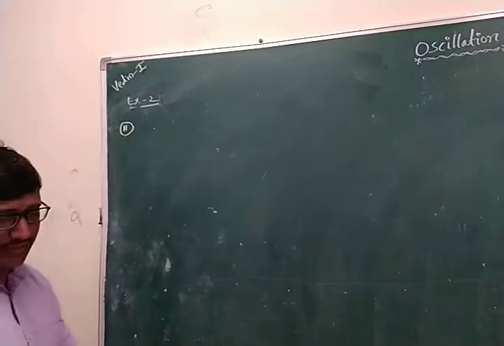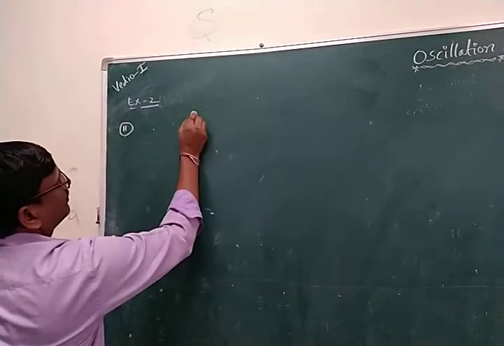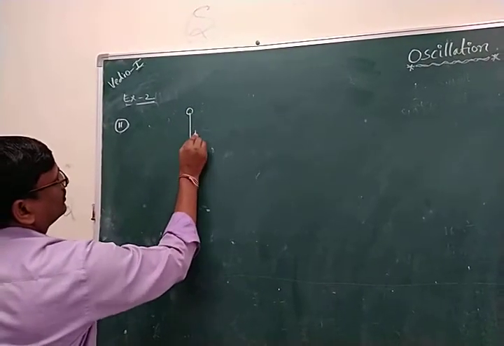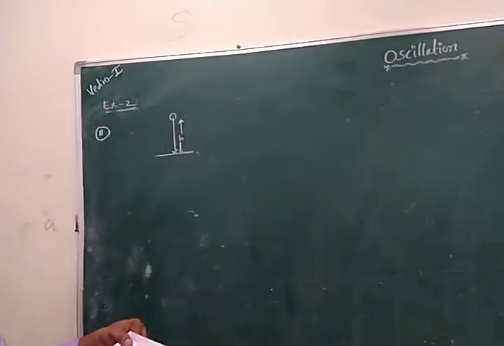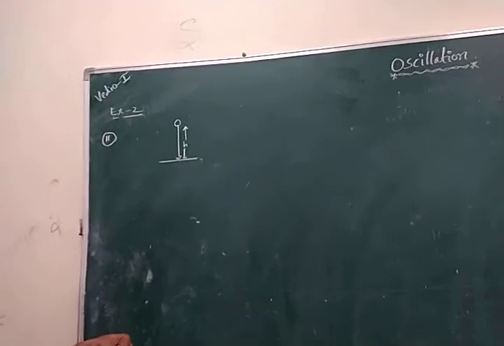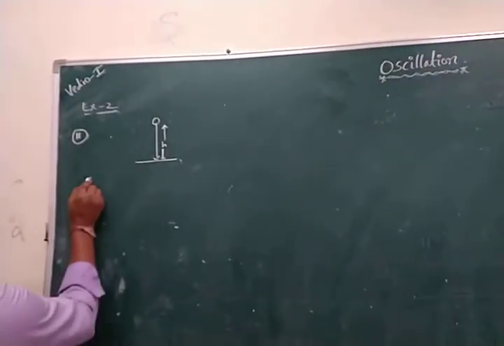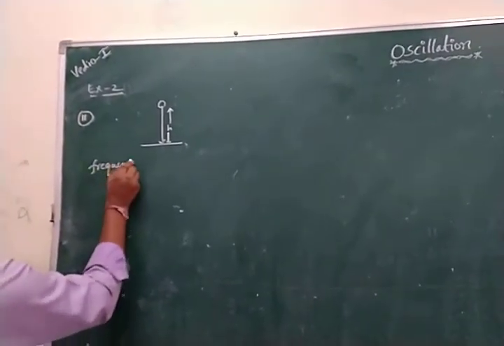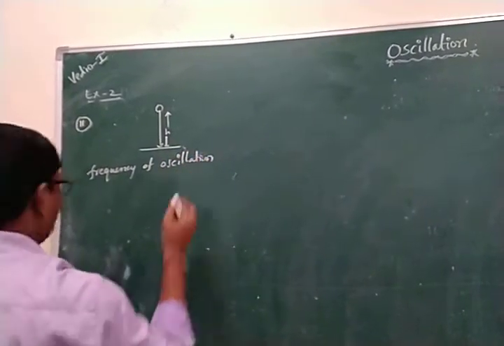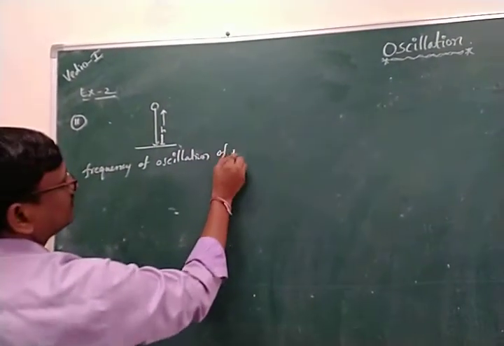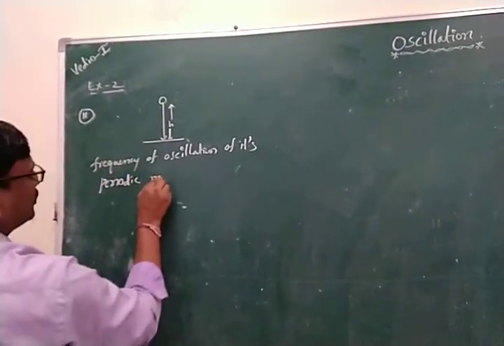Question number 11. A body is dropped from a height of h onto the floor, and it makes an elastic collision with the floor. What is the frequency of oscillation of its periodic motion?